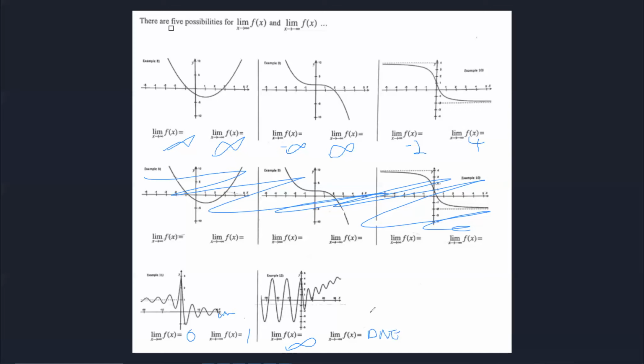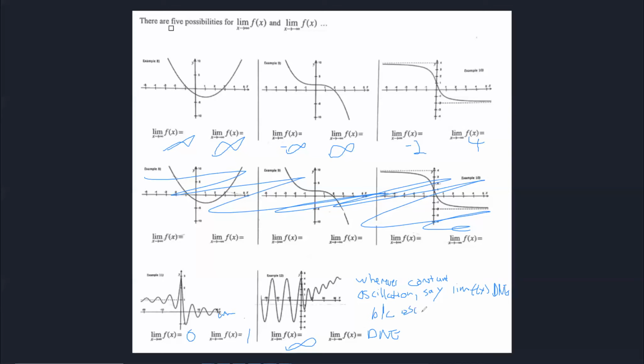So this is a rule. Whenever there is any sort of constant oscillation, you're supposed to say that the limit of f of x does not exist, because of oscillating.